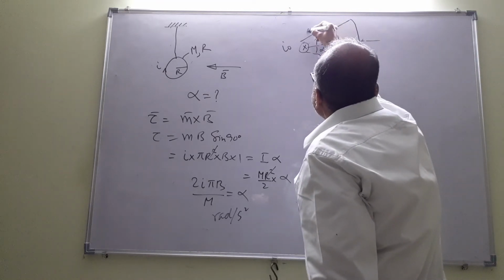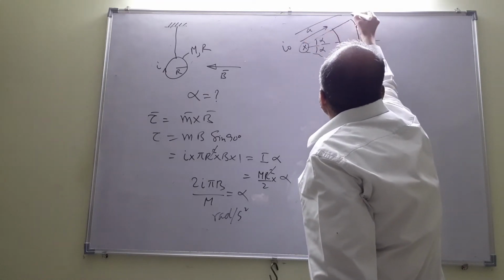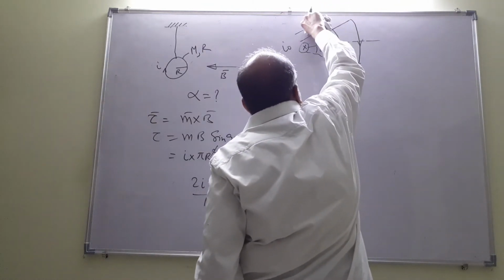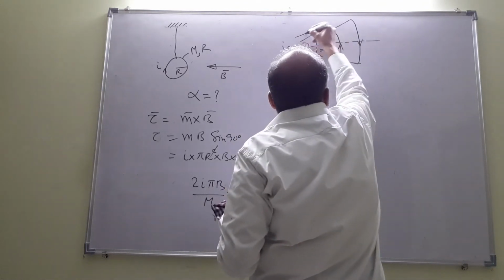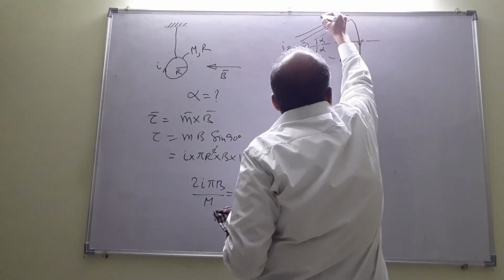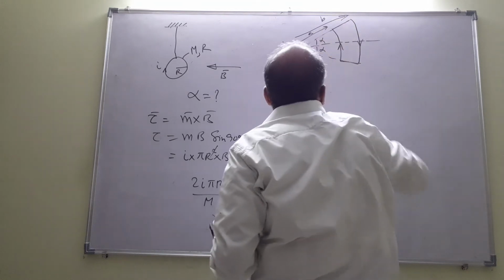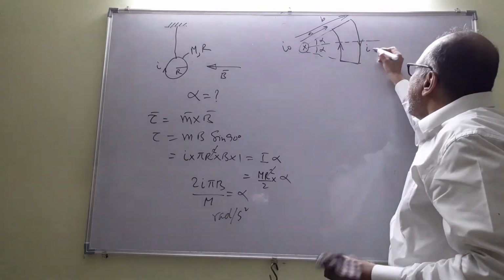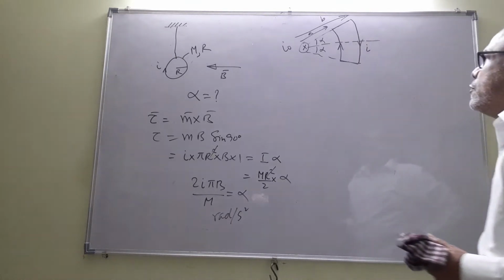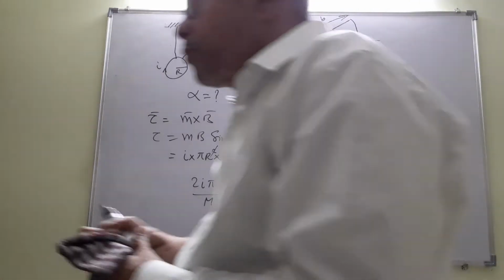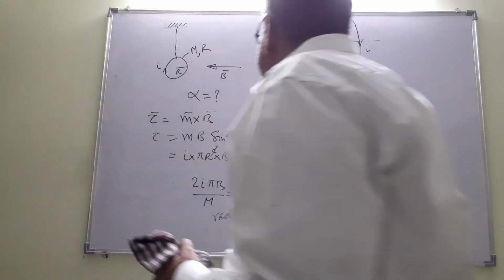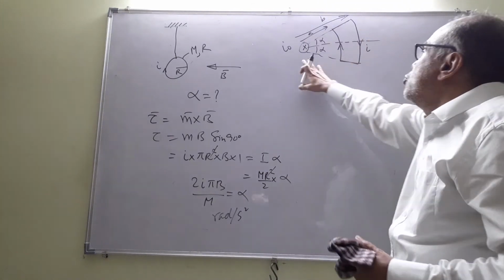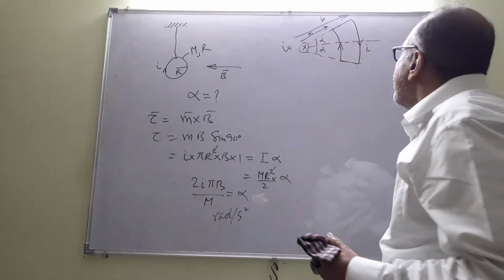This distance is A and this whole distance up to there is B. Okay, and the current here is let us say I. We wish to find the torque on this current carrying loop due to the magnetic field from the wire.